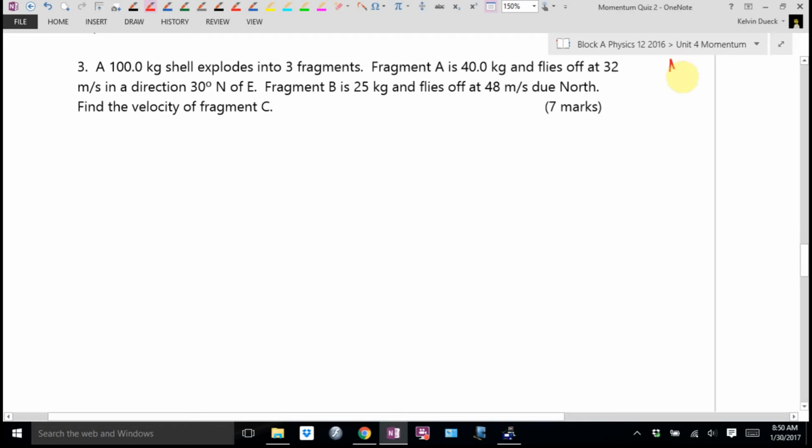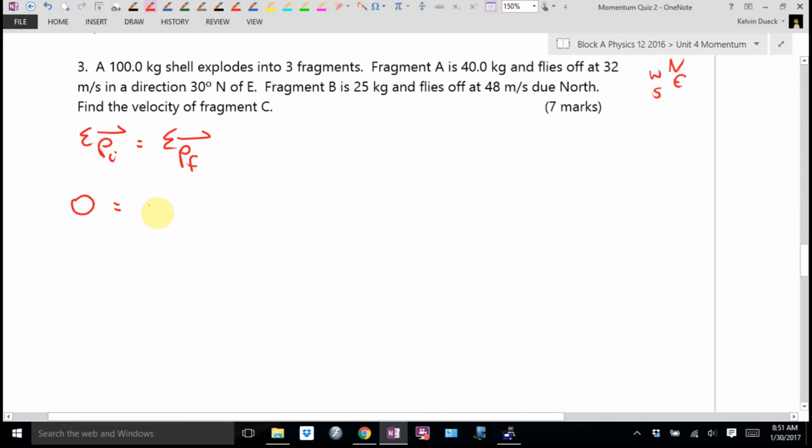Okay, I've turned the page. I'm going to put a compass rose here. This is an explosion. This is a job for conservation of momentum. Before the explosion, what was moving? Nothing.